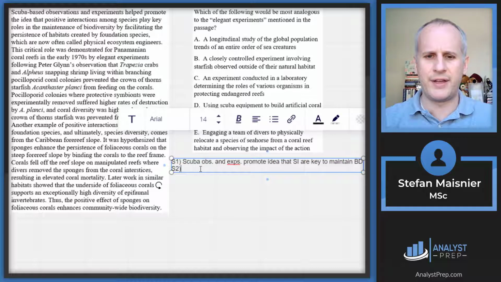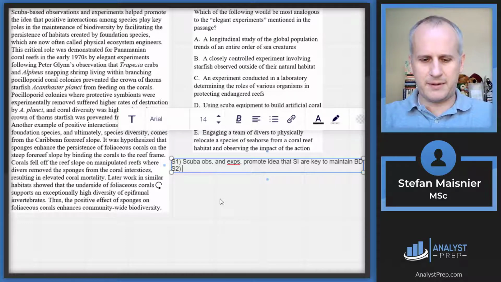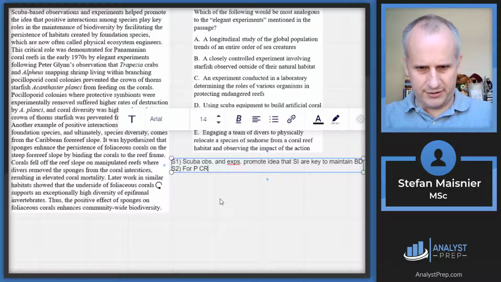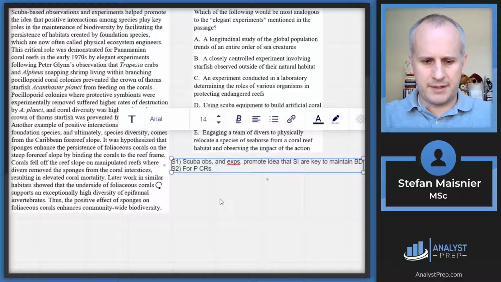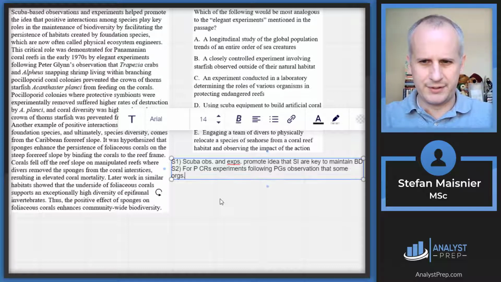Okay, so we know that it's about these scuba observations. And so we know that for PCRs, so Panamanian coral reefs just become PCRs, the experiments following PG's observation that basically some organisms, and we'll just call them orgs, stopped this starfish, and I know what a starfish is, so we'll hold with starfish, from feeding on the coral.